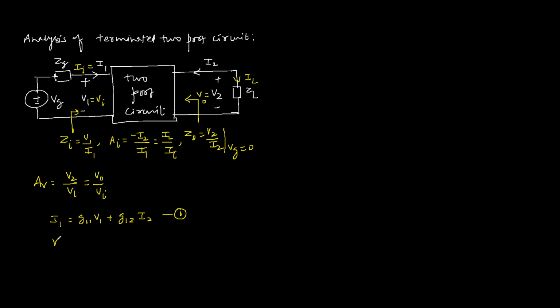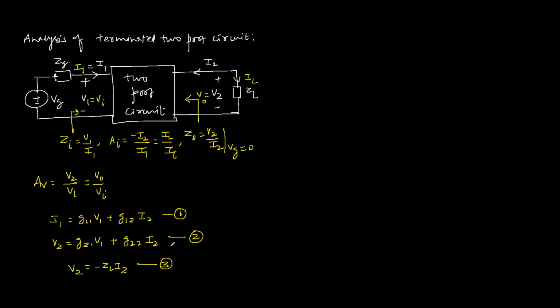And second equation is V2, which is G21 V1 plus G22 I2. And we have to find the input impedance, which is the ratio of V1 to I1. From the output side, we can see that V2 is negative ZL I2.